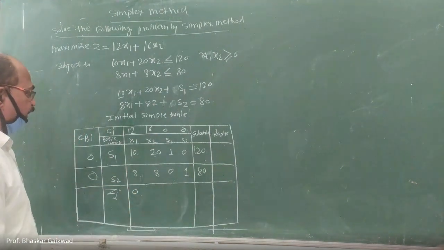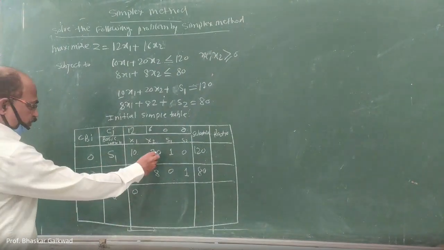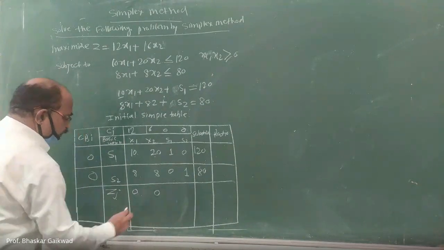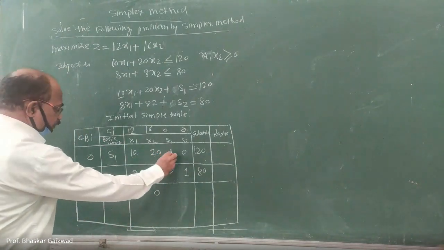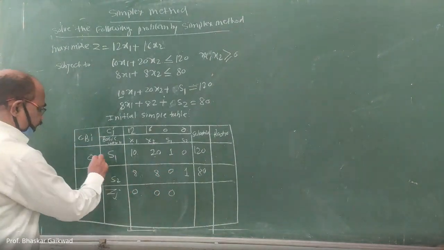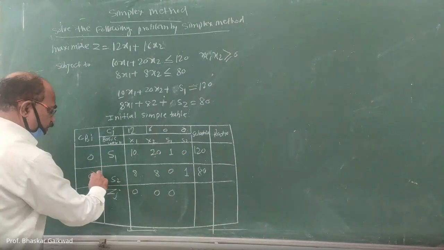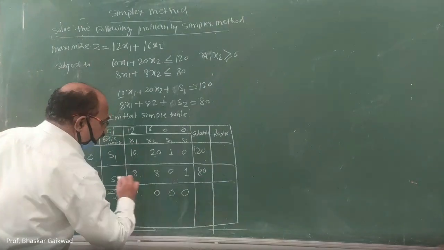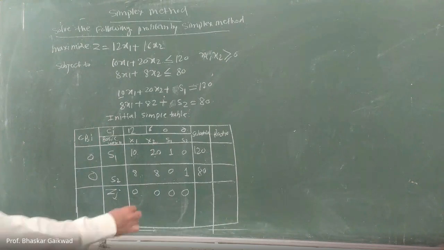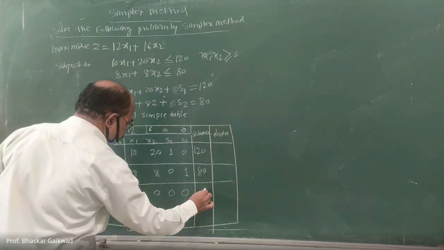Similarly, 0 into 20 plus 0 into 8 is 0. Similarly, 0 into 1 plus 0 into 0 is 0. 0 into 0 plus 0 into 1 is 0. Correct. Similarly, for the solution column it is also 0.